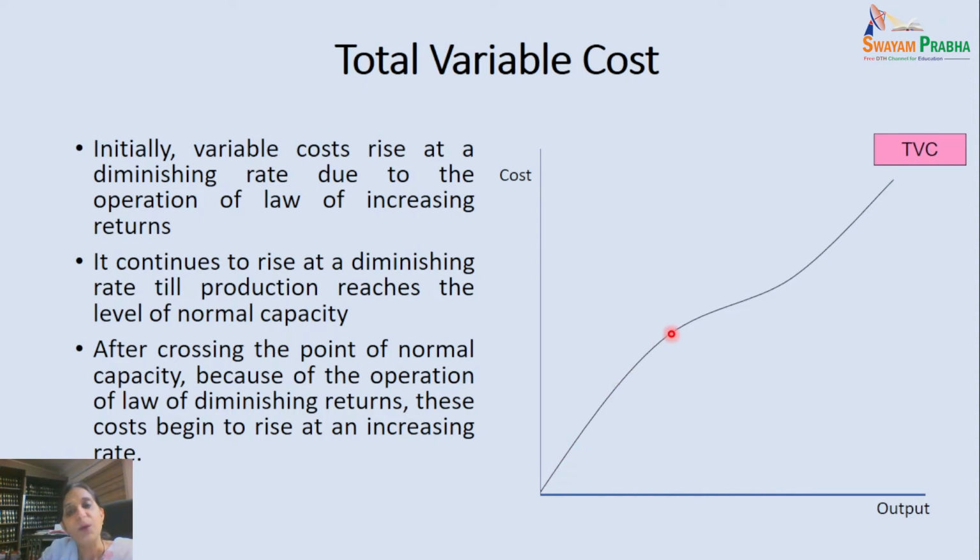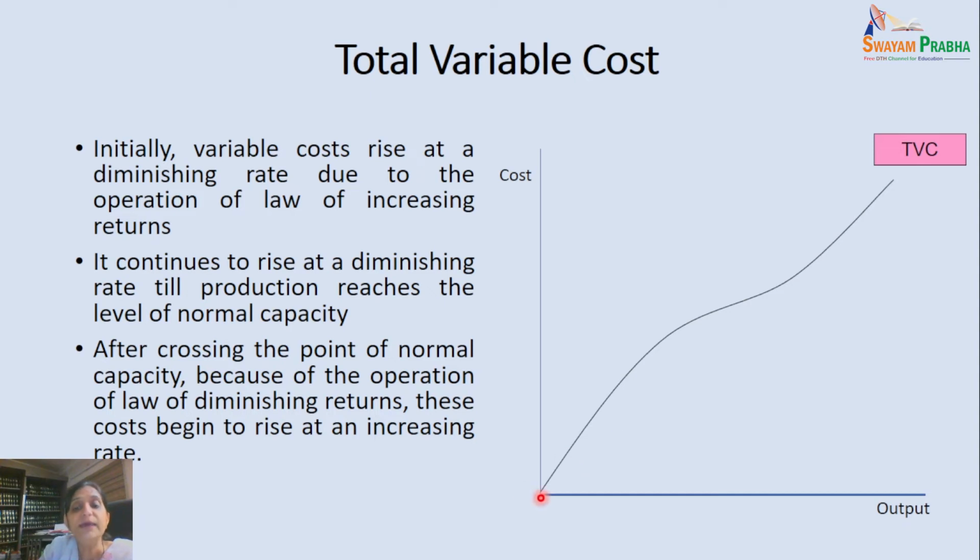That is, cost is rising, but this rise in the cost is at a diminishing rate. Thereafter, after this point, your total variable cost is rising, but this rise in total variable cost is at an increasing rate.